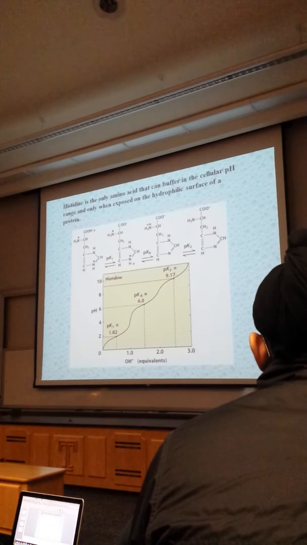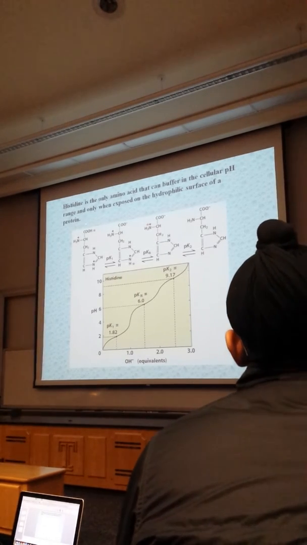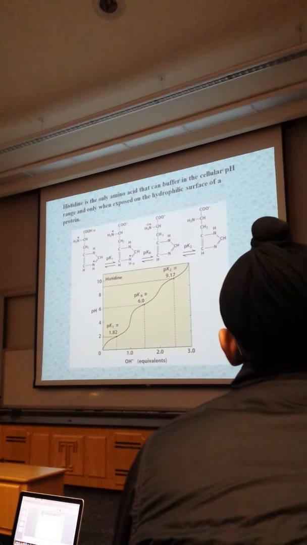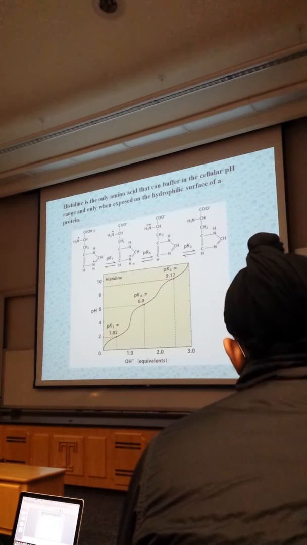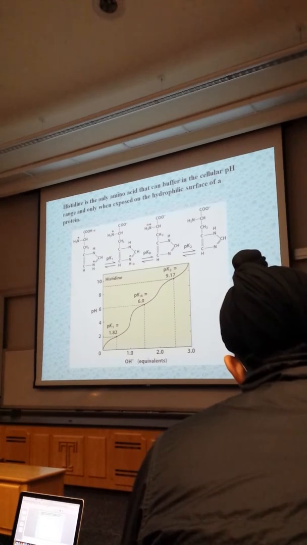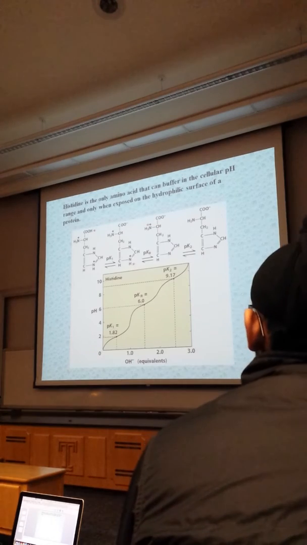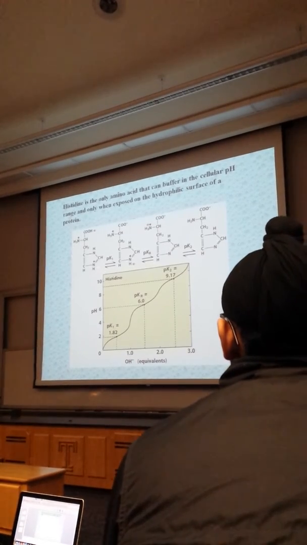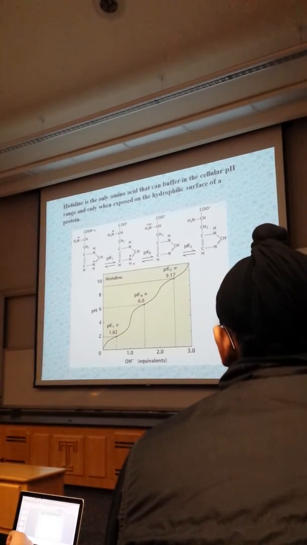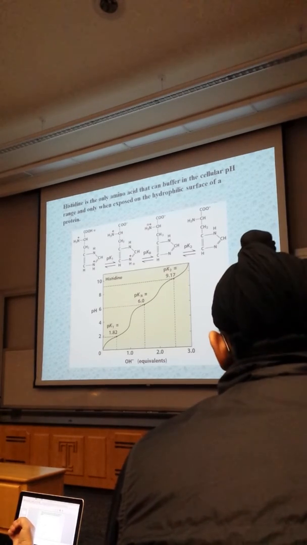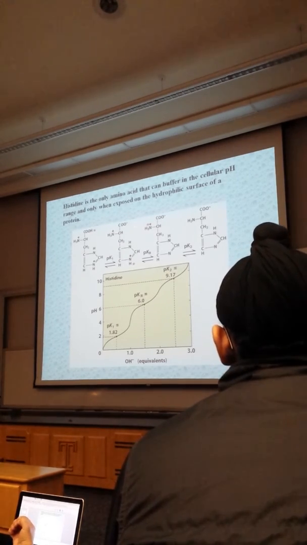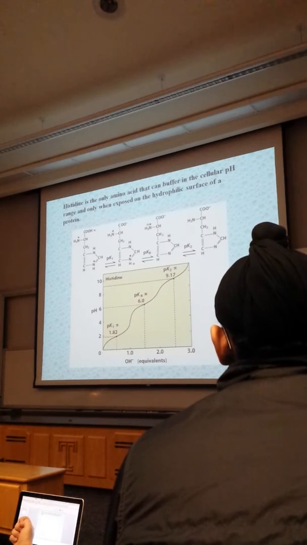So pK1 just refers to the hydrogen that would be ionized from the carboxyl shown here. pKr is the hydrogen that would be ionized from the R group shown here. And this would be the R group of histidine. And then finally, pK2 is the hydrogen that would be ionized from the amino shown here.